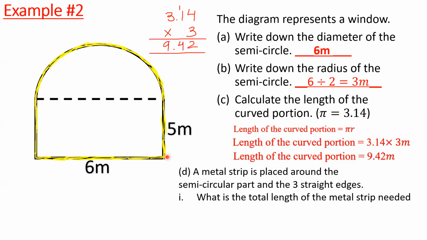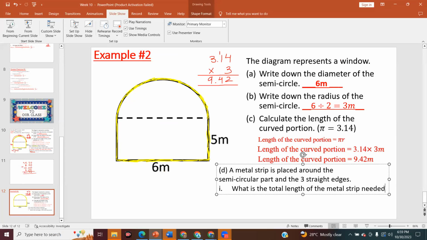Add every part of it. That's how we can get the total length of the metal strip needed. So let's do that. I see some persons have answered inside the chat already. What did y'all get?